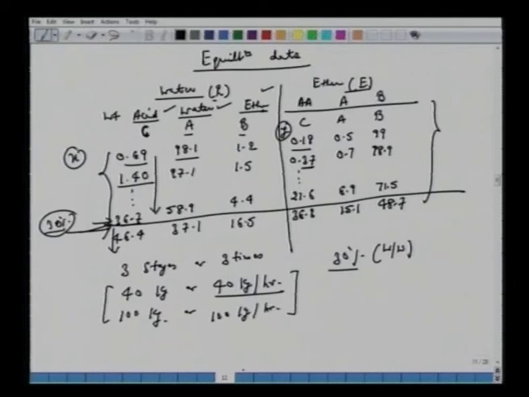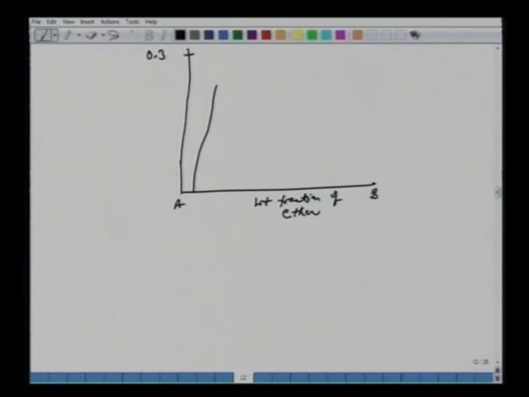We don't need, so this would be 1 here, this is 0 here. We don't need any data beyond this, because all the tie lines slope downward. So this scale from 0 to 0.3 is good enough. So this is also very important that we realize that the rest of the data we don't need, so that we can expand our scale and we can work in this range.